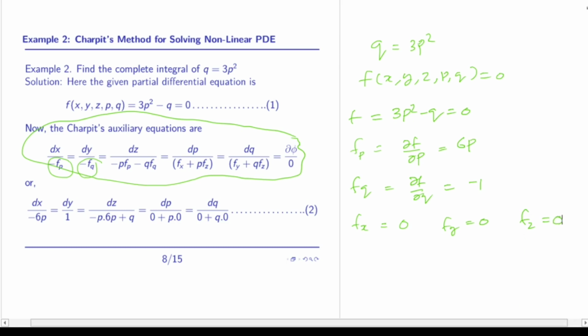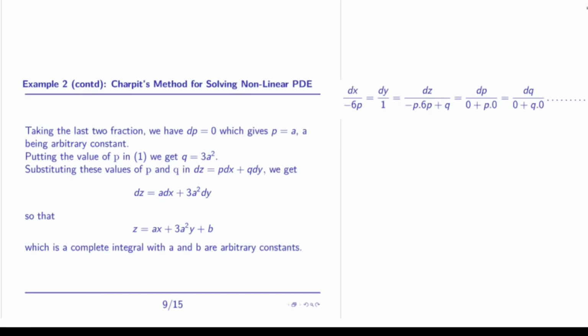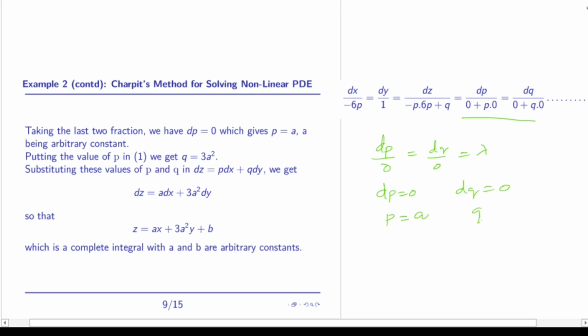Now take the last two fractions, dp by 0 equal to dq by 0. This is of course equal to lambda, therefore dp equal to 0 and dq equal to 0. We can write p is equal to some arbitrary constant a, q is equal to some arbitrary constant b.